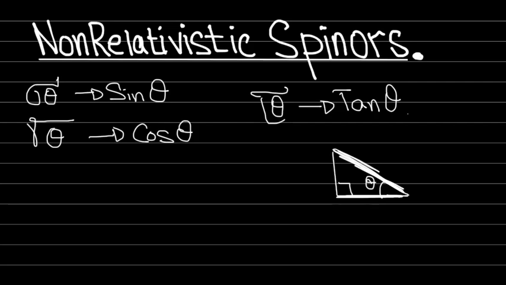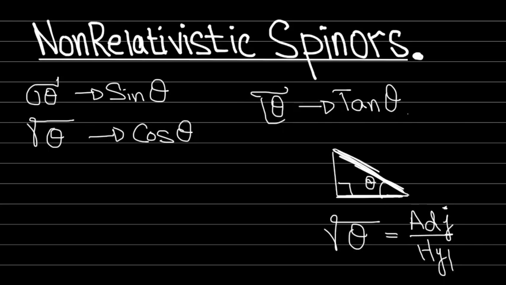And so then we have our cosine of theta is equal to adjacent divided by hypotenuse, right? So this is just one example of how we start defining our trigonometric functions, and this definition and its utility is actually rooted in our immediate perception of the geometry.